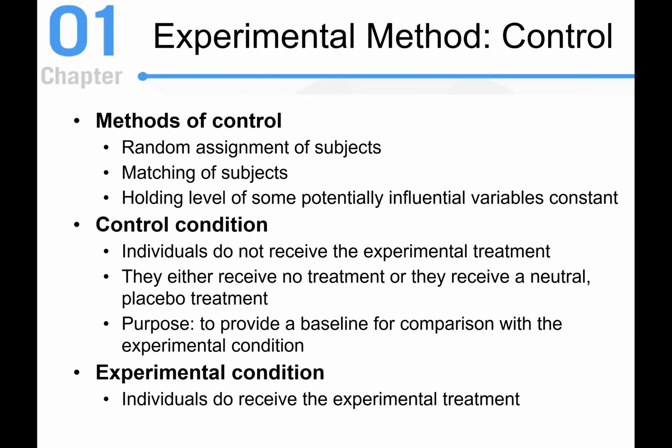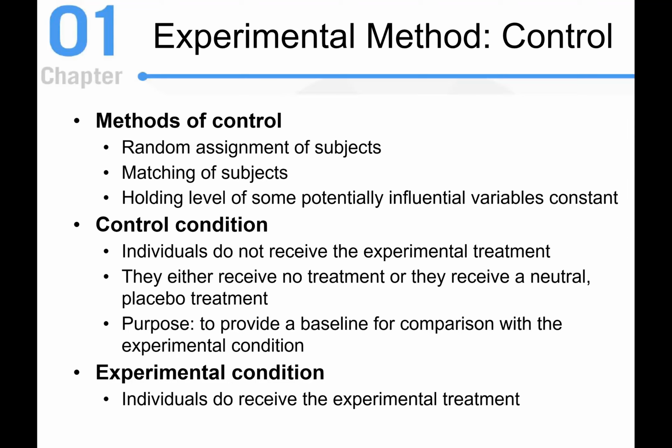Because if I end up talking to one group of participants differently than another group, then when I get my research results, I don't know the cause. It could be because of how my study was conducted, or it could be because of how I talked to my participants. So we want to hold some level of potentially influential variables constant.